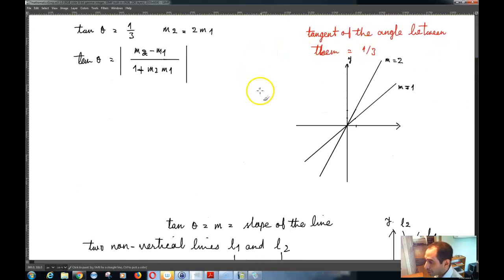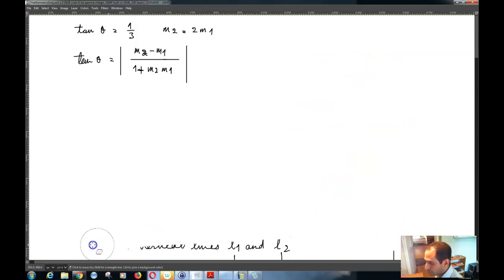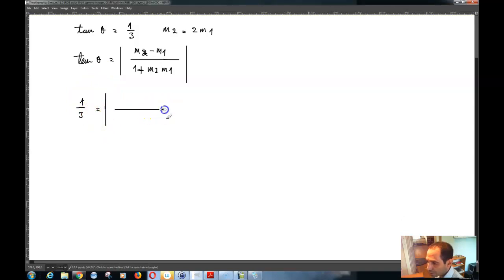Okay, so now suppose that tan of theta is equal to 1/3, which is equal to the absolute value of (m2, which is equal to 2 times m1, minus m1) over (1 plus m2 m1).